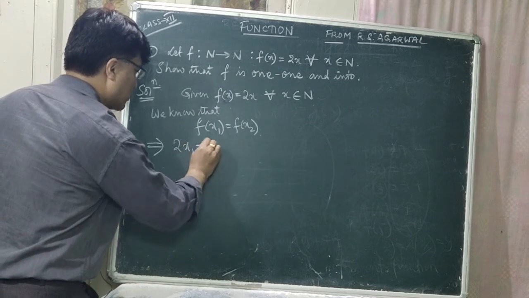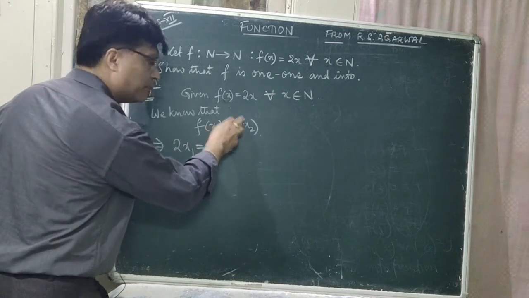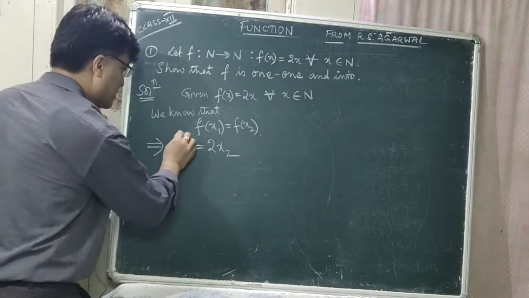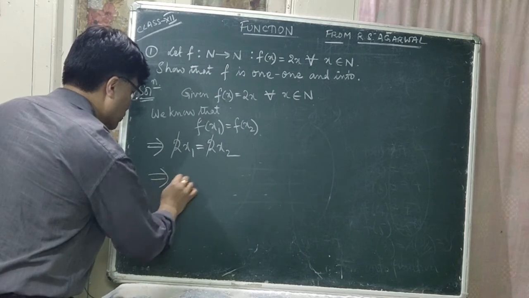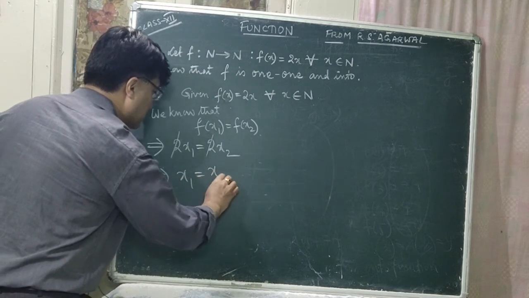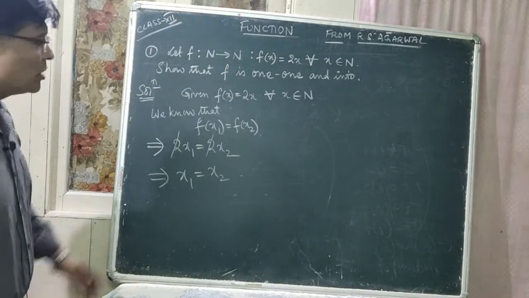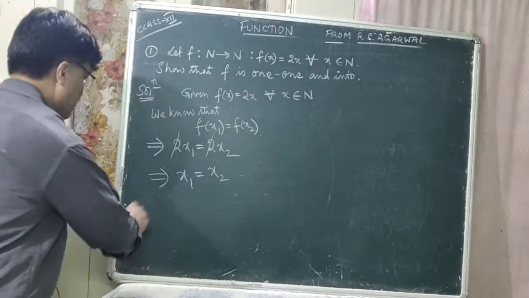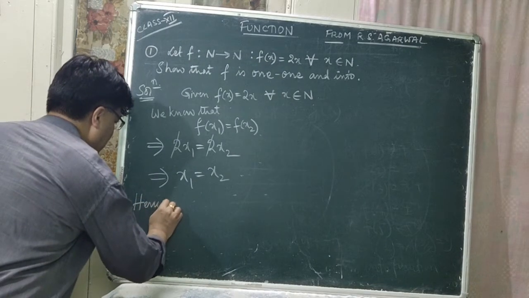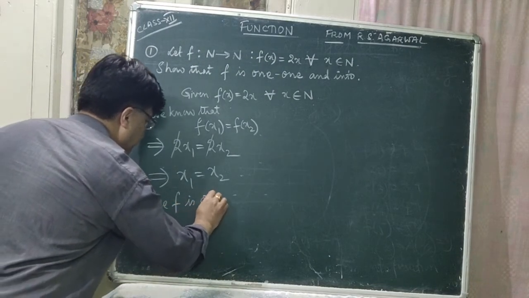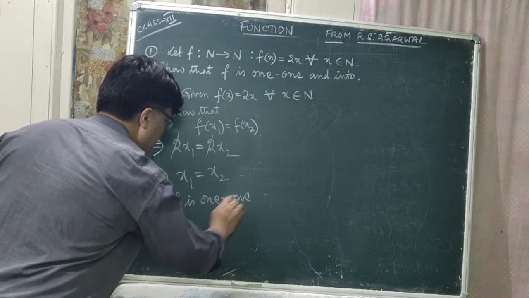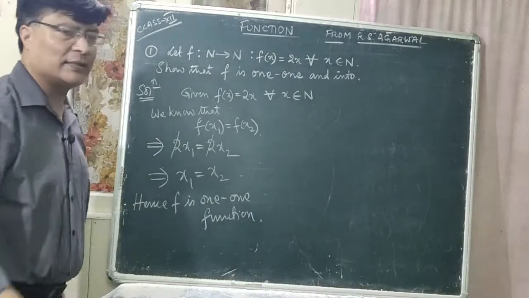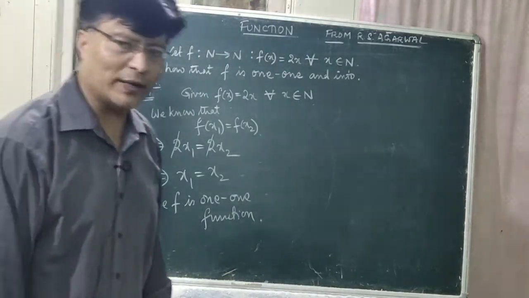So this is your 2x1 is equal to, what is f of x2? f of x2 is equal to 2x2. So this is your 2x2, right? Here 2 gets cancelled, which implies that x1 is equal to x2. That means what can we say about the function f? f is one-one function. So hence f is one-one function. In this case we have proved that the function f is one-one.